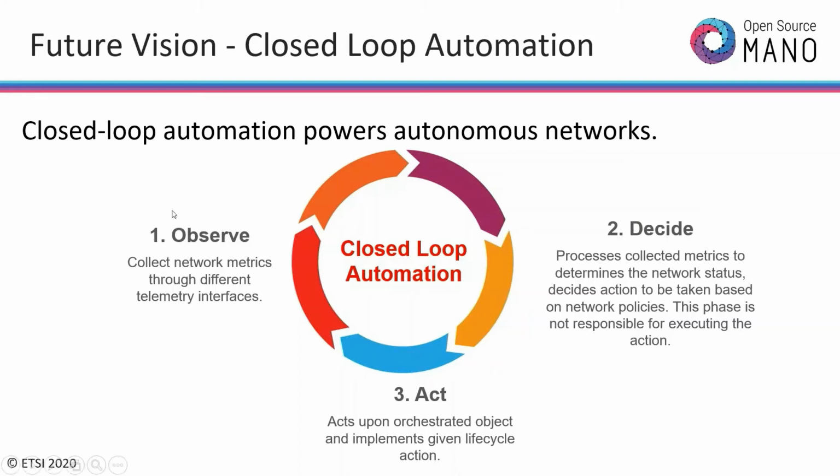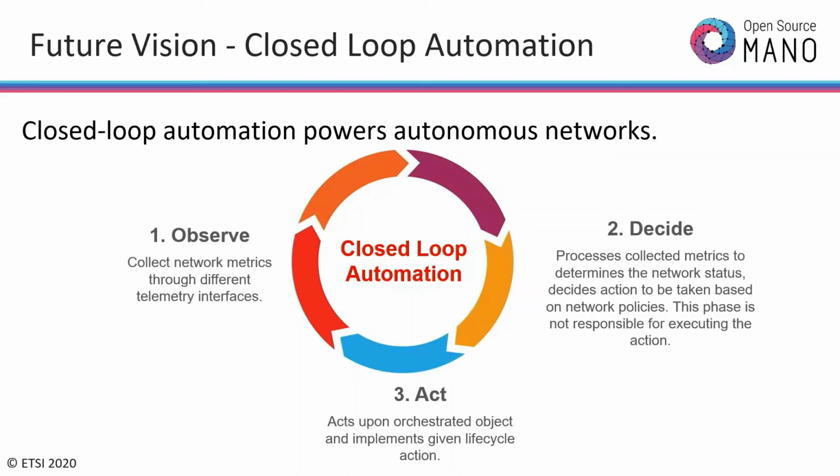Closed loop automation will have 3 different steps. The first one is to observe. So we are using the infrastructure metrics today and different VNF metrics. And the idea here is that we should be able to add more telemetry interfaces.